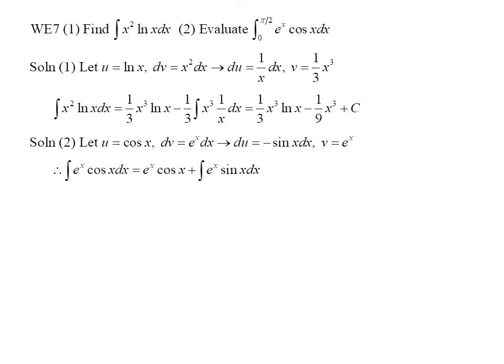Then we use the same technique, integration by parts, again to rearrange the integral of e^x sin x dx, which equals e^x sin x minus the integral of e^x cos x dx.